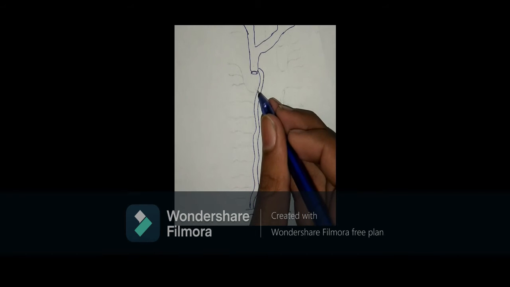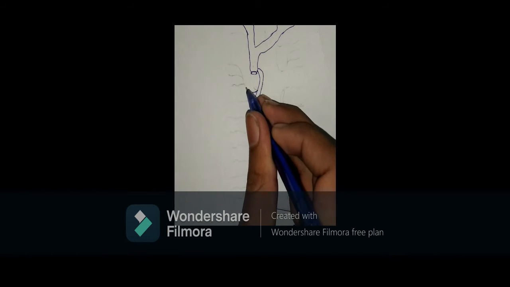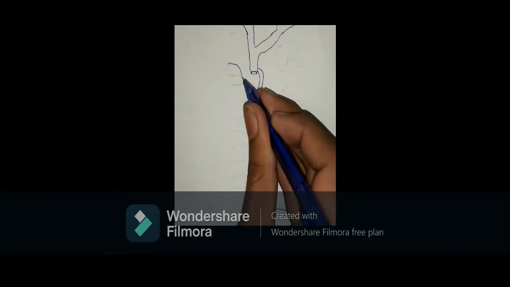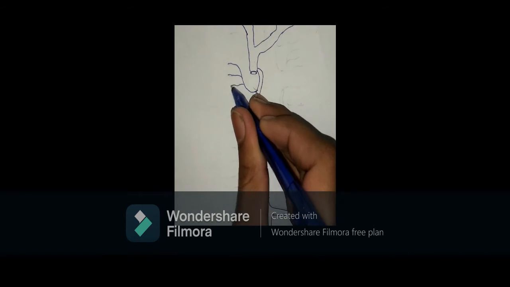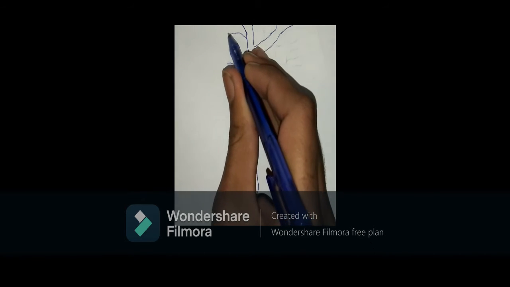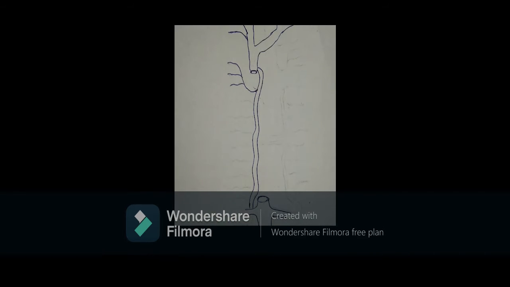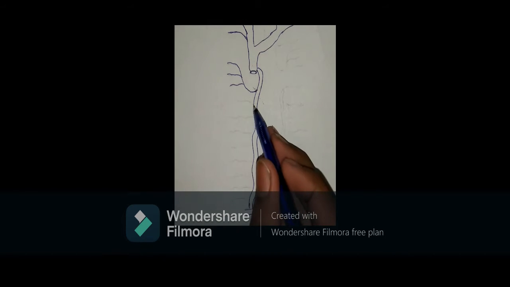First of all, it will give some intercostal branches. Let's see the intercostal branches, the posterior intercostal branches arising from the azygous vein.